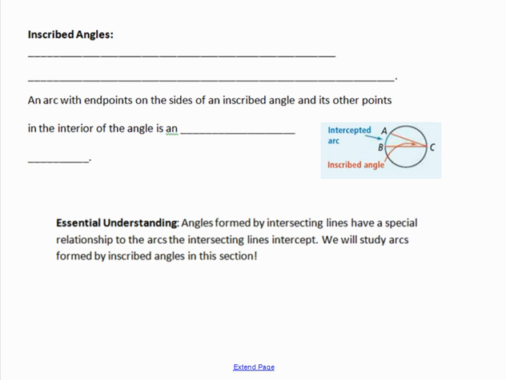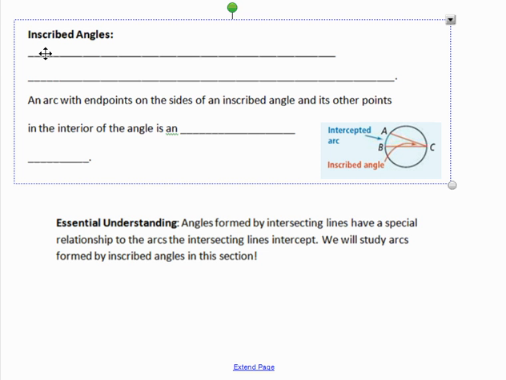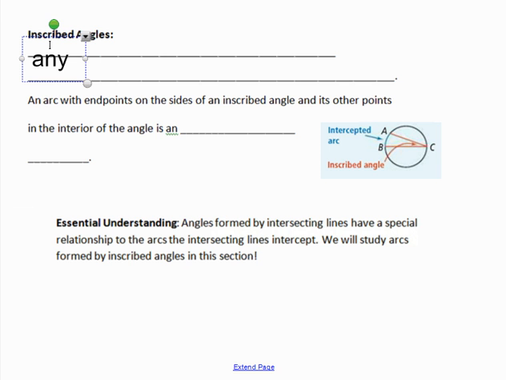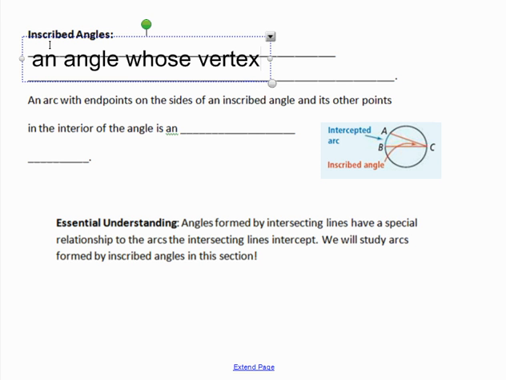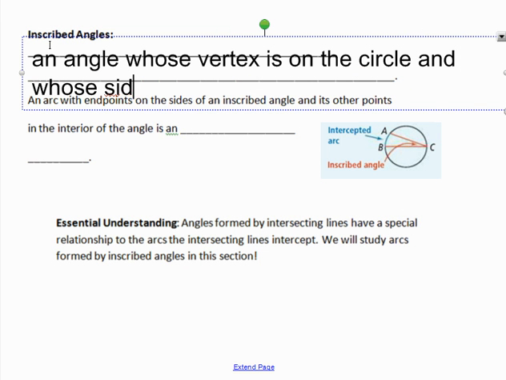So what are inscribed angles? Well, an inscribed angle is an angle whose vertex is on the circle and whose sides are chords of the circle.